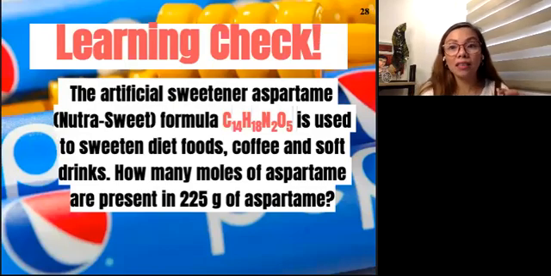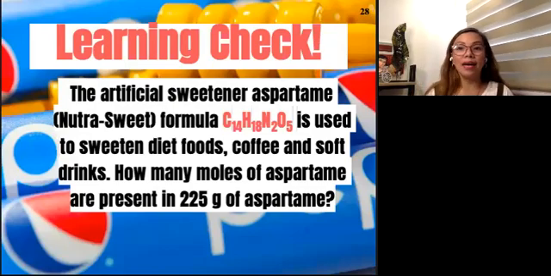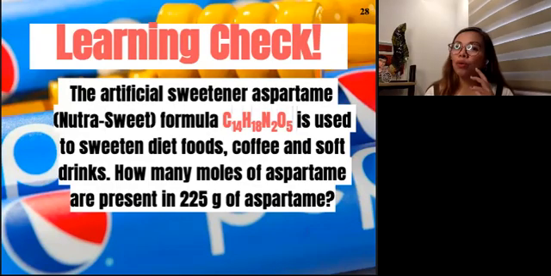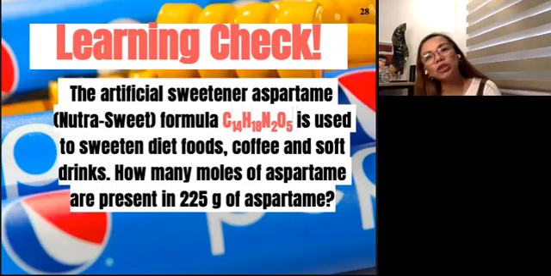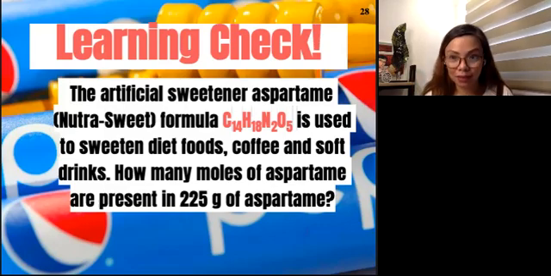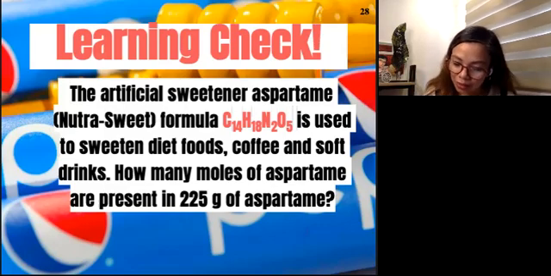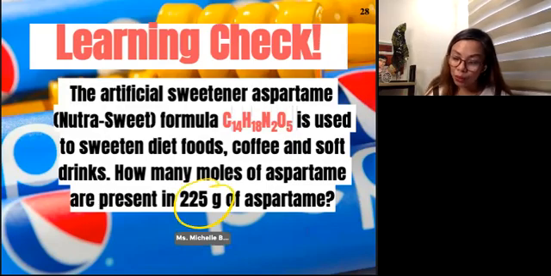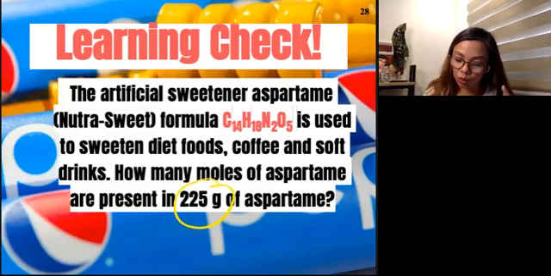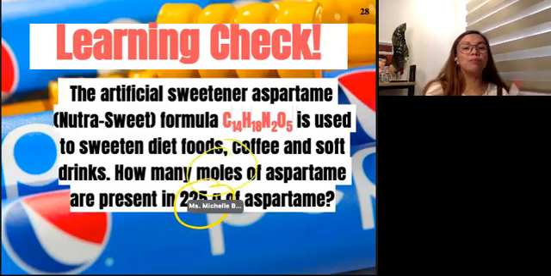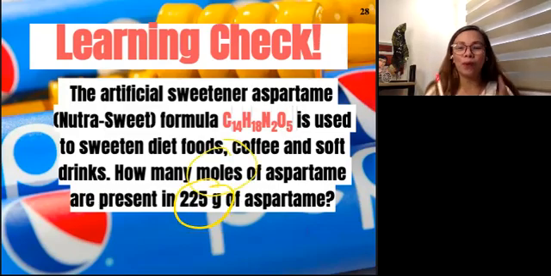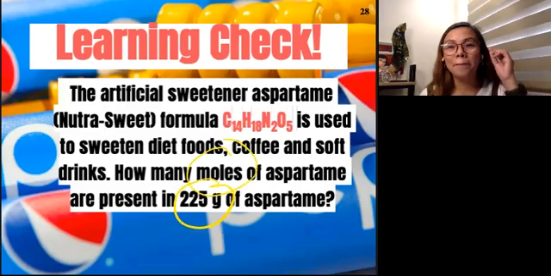How many moles of aspartame are present in 225 grams of aspartame? So before you jump into solving the problem, analyze the given. The given is in grams. What is unknown? You are asked to convert it to moles. So grams to mole, mole to gram. What will you use? Molar mass.